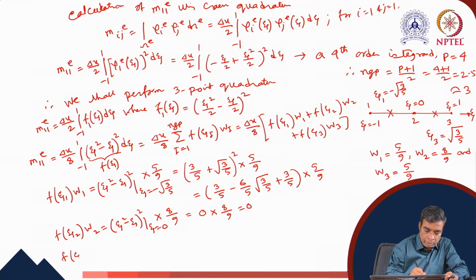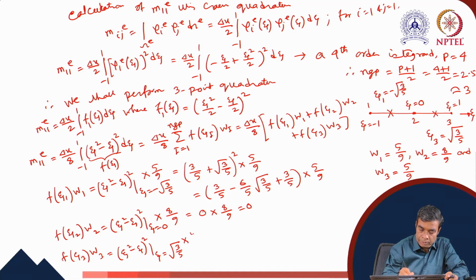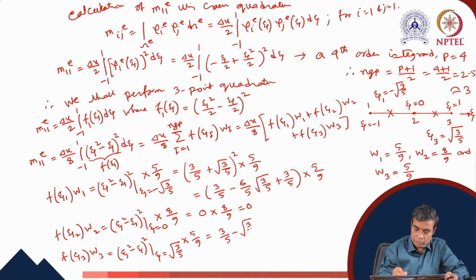F of xi3 into w3 equals to xi square minus xi whole square, at xi equals to square root of 3 by 5, into 5 by 9. This is equals to square root of 3 by 5 whole square. So this is 3 by 5 minus square root of 3 by 5 whole square into 5 by 9.